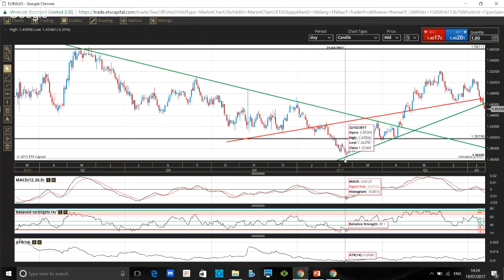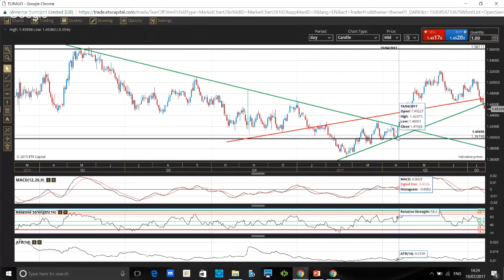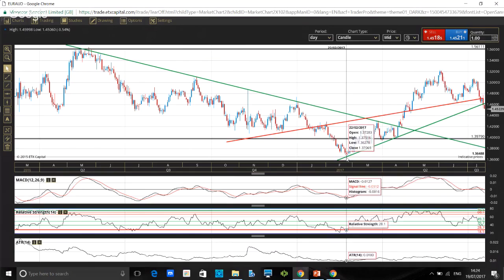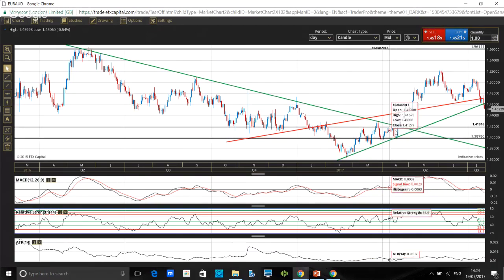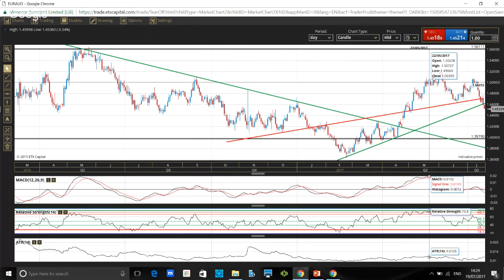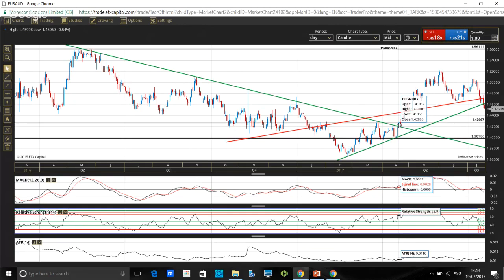For instance, that green line going up there, that's a trend line, and it has acted as an area of support for price going upwards. At the point where price touched it and then bounced off and moved upwards, it acted as an area of support for price.